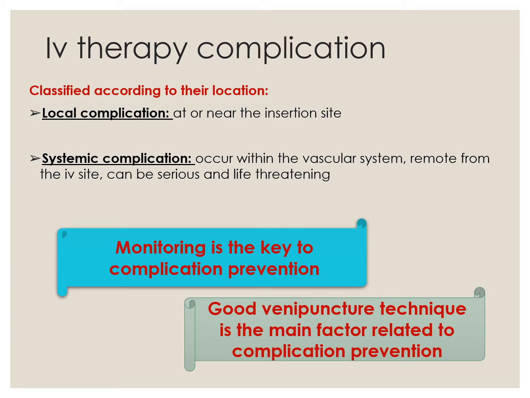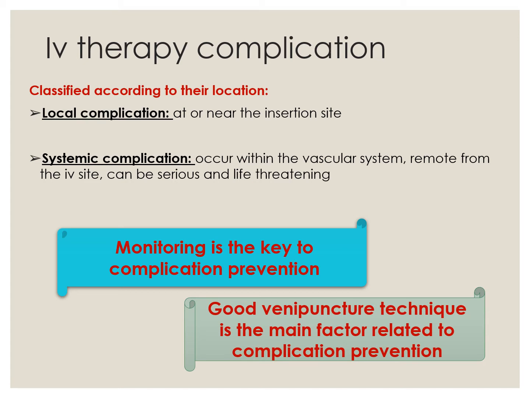There are two main things to prevent complications. First one, monitoring. If you keep monitoring your patient once you start the IV therapy, of course the complications will be reduced, as you will identify the signs and symptoms of complication from the beginning, and you can remove the cannula before that complication extends and becomes severe for that patient.